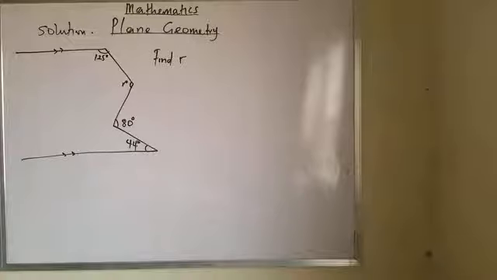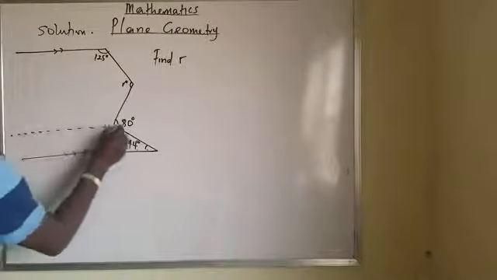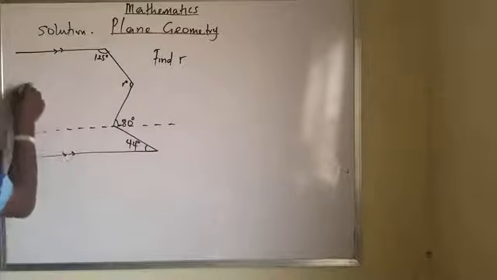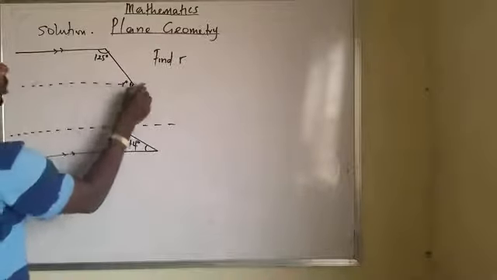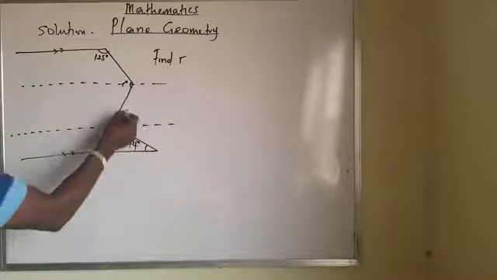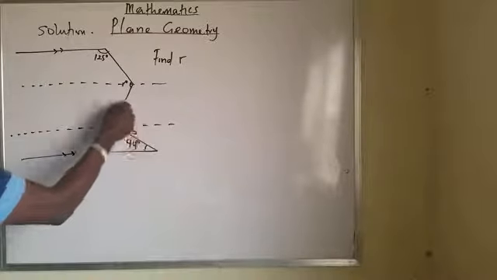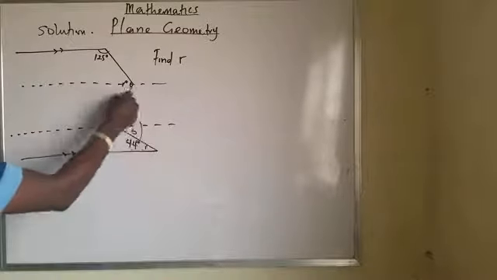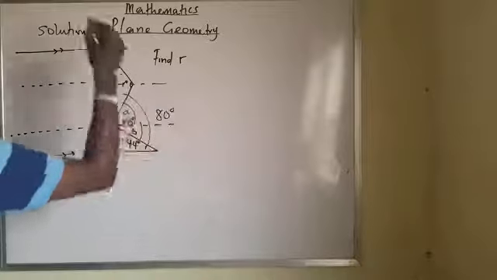The first thing you need to know here is that if I have something like this, I am allowed to call this part into 2. I can call this angle A, and this one B. The sum of the two is 80 degrees. Take note of that.